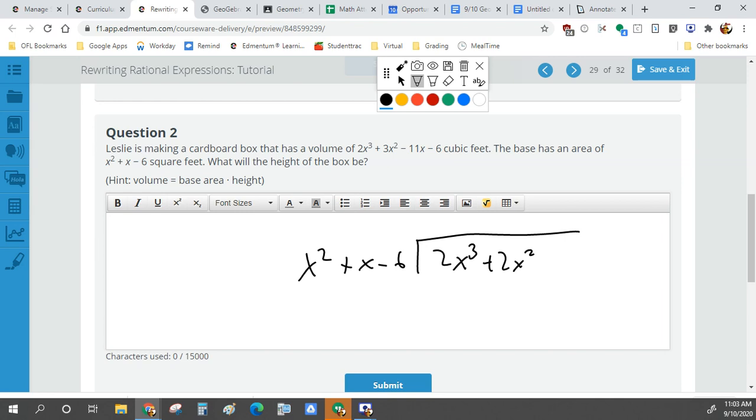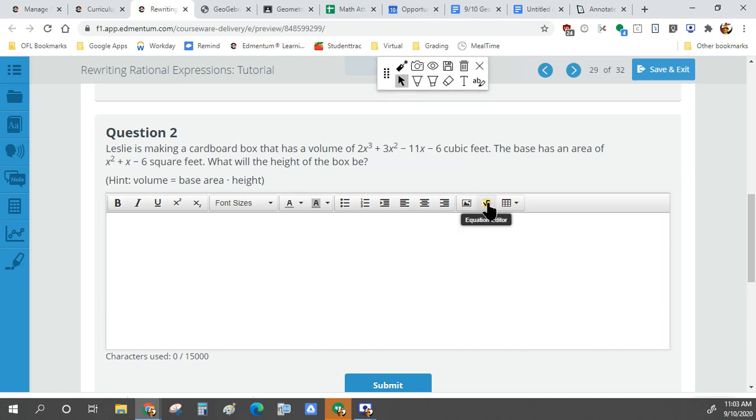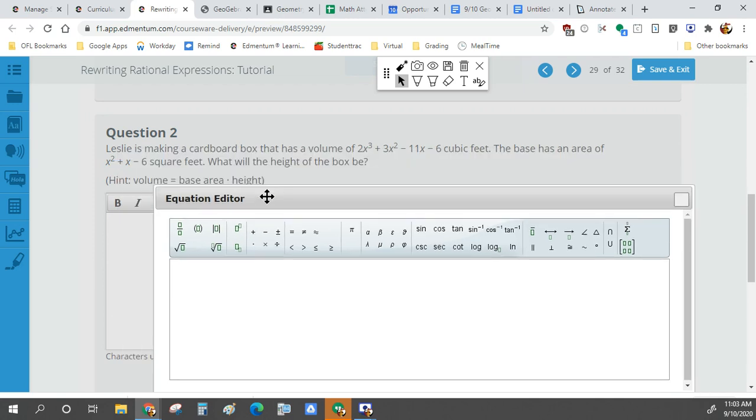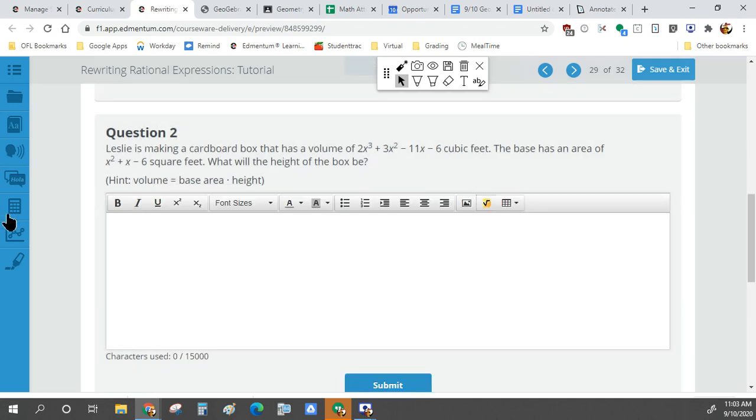Root sign. Oh, we can use a root sign. I guess we can do that. Do you guys want me to try to do that, or is the handwriting better? I'm not a big fan of doing the root sign because it's really hard to line it up. Honestly, I would just do a picture, because then you have to do all this work.